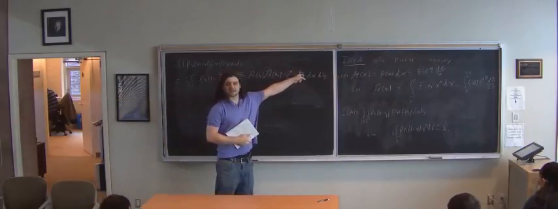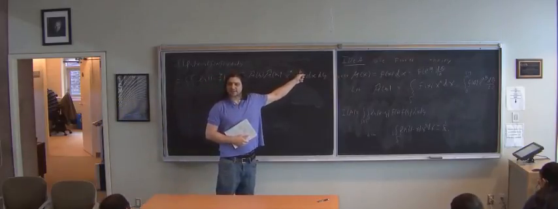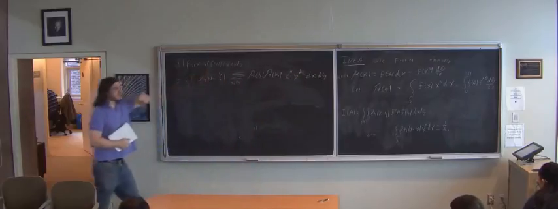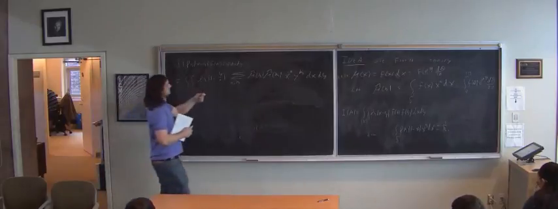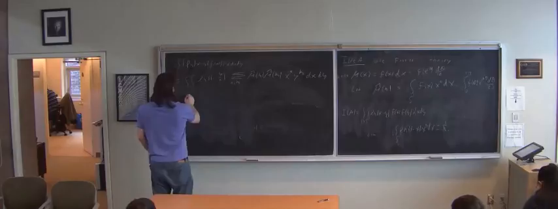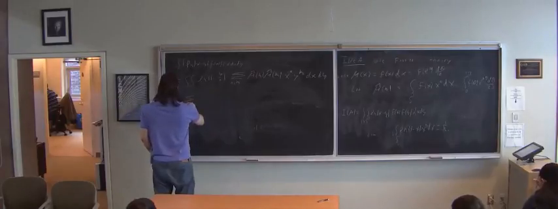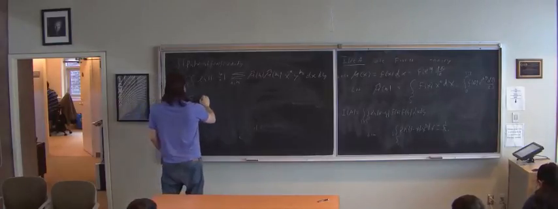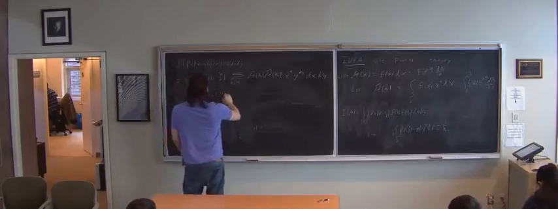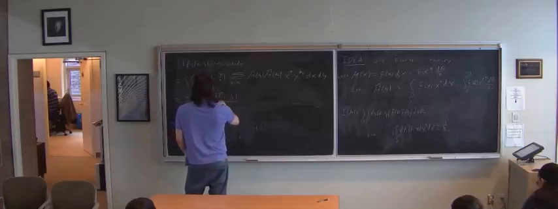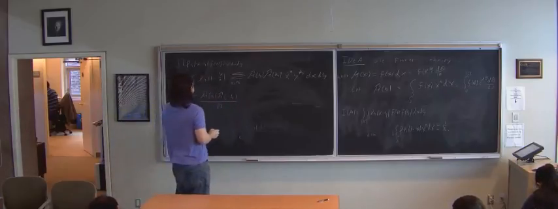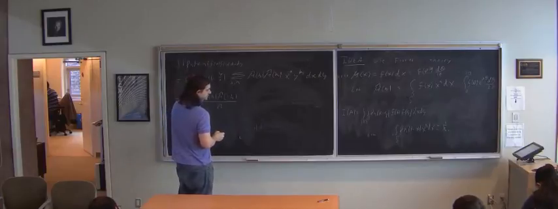Now everything dies unless m is equal to minus n, because this is invariant under the torus rotation, x equals y. So what you get is a sum over n of mu hat of n, mu hat of minus n, divided by n.